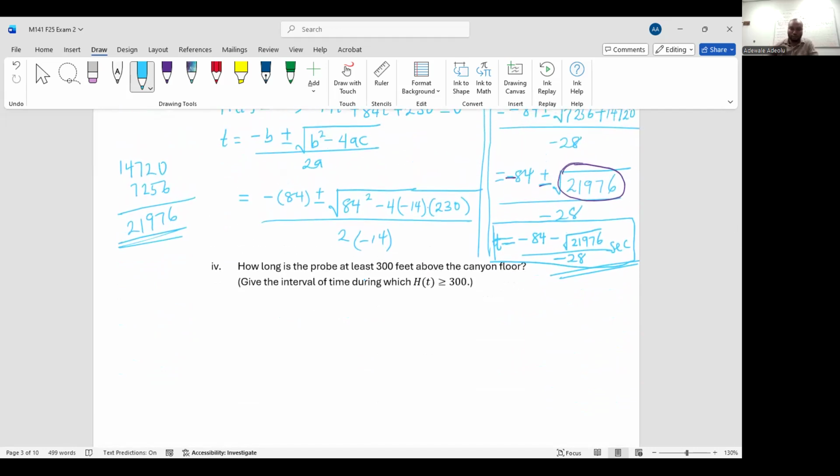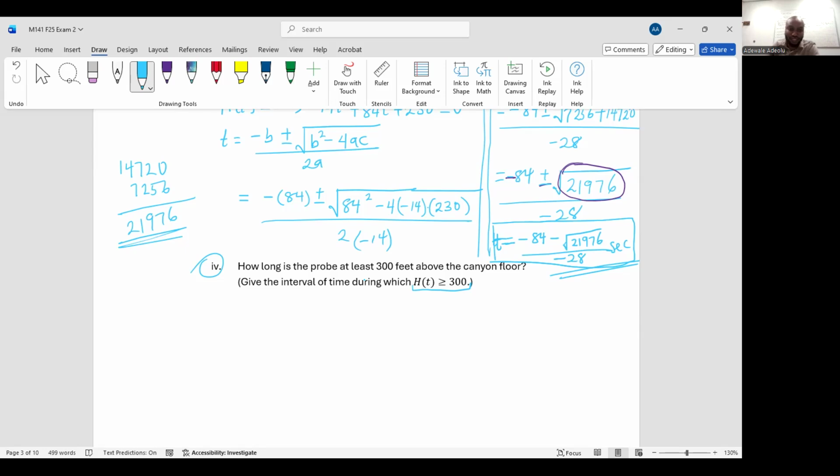All right. This problem: how long is the probe at least 300 feet above the canyon floor? Give the interval of time during which, see, I even put it here. That is what the question is asking you. At least 300 feet above means it is up to 300 or above.